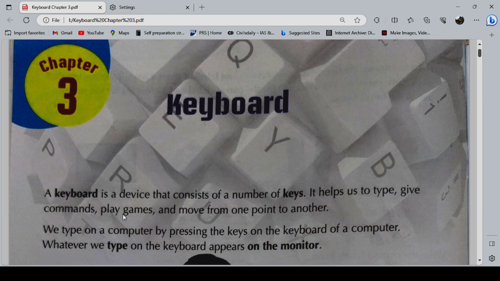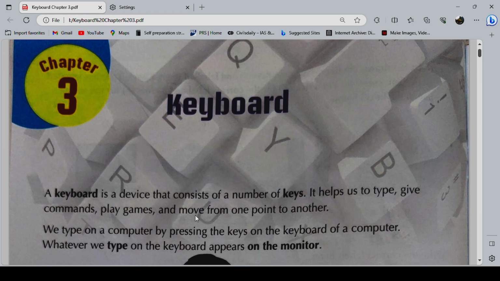Okay, we give commands to computer by typing keys. We play games with the help of keyboard on our computer system, and we move from one point to another point in our computer with the help of keyboard.